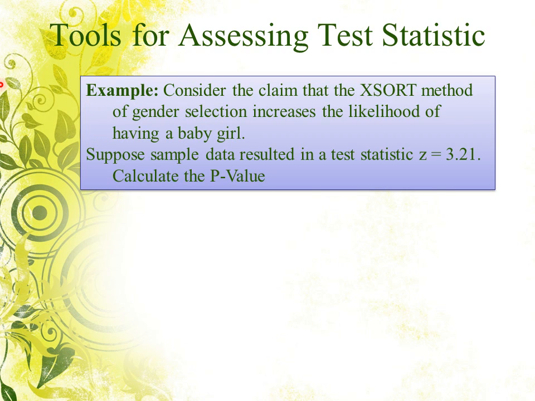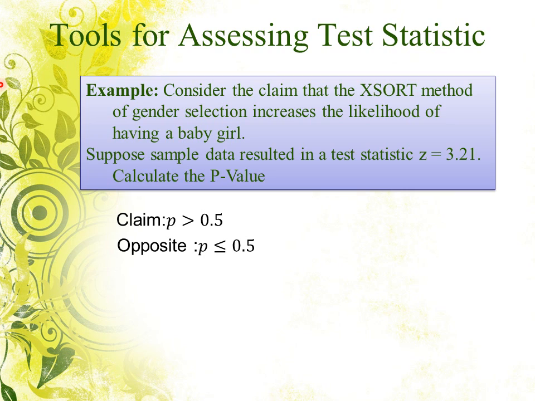So to do that, we first need to identify the claim, which in this case we're saying the XSORT method increases the likelihood of having a baby girl. So our proportion of girls would be greater than 0.5 is the claim. The opposite of that is p is less than or equal to 0.5.